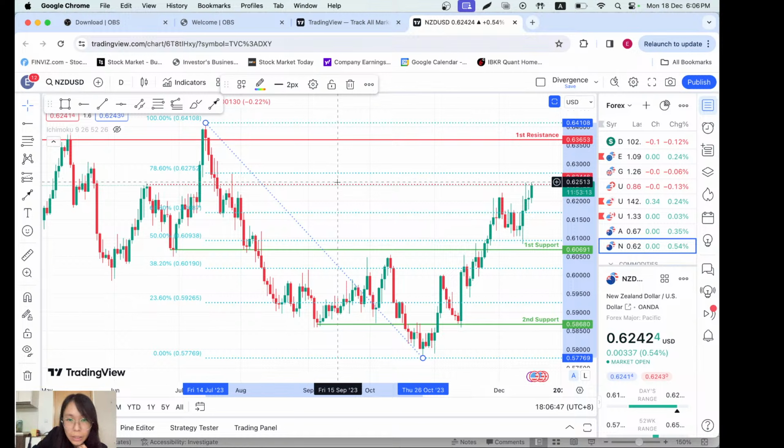Look at this immediate support, immediate resistance. It's very close to the 78.6 resistance.